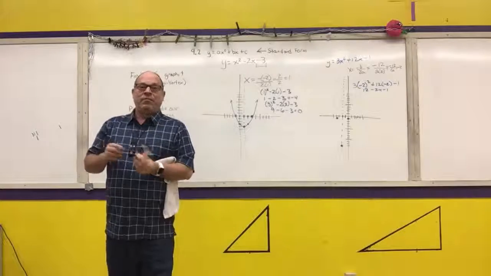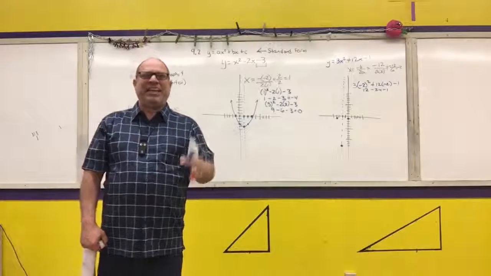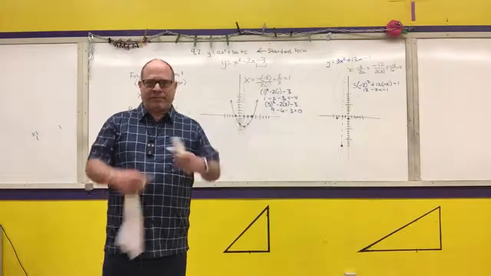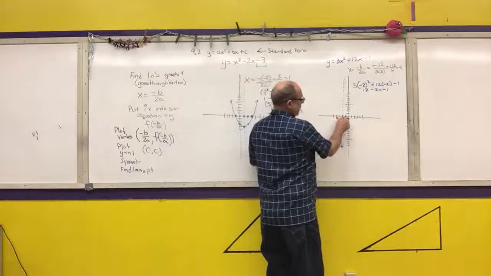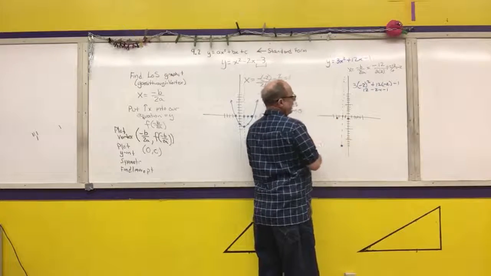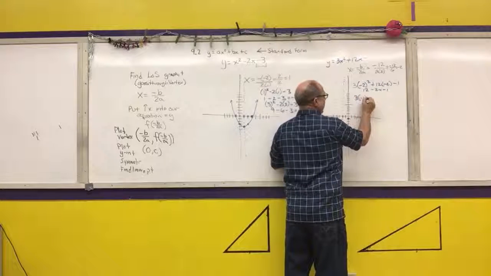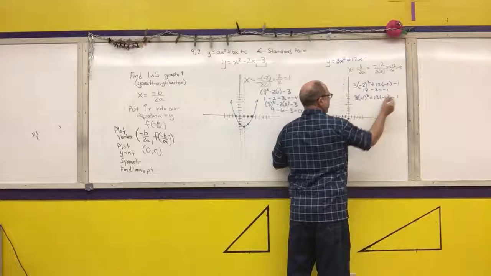My last thing that I want to do is find the next integer near the line of symmetry that I have not used, so I can put that into my function to get the fourth and fifth points. Well, if I'm at negative 2, my next integer would be negative 1 that I have not used. So I have 3 times negative 1 squared plus 12 times negative 1 minus 1.